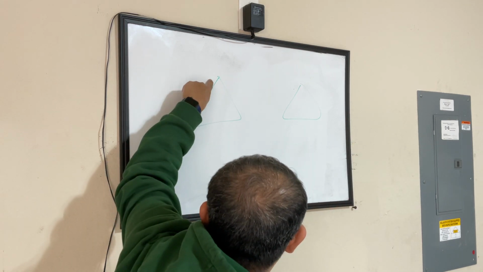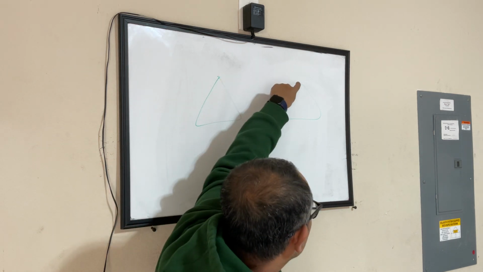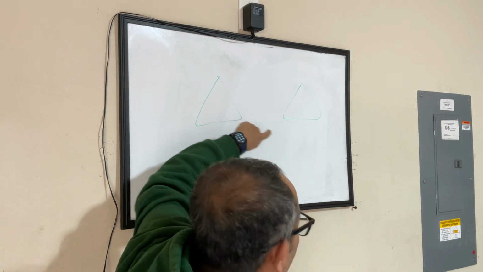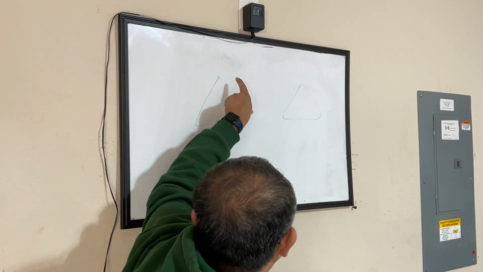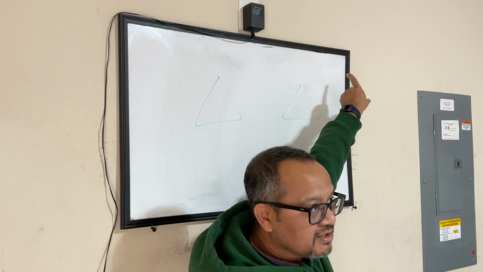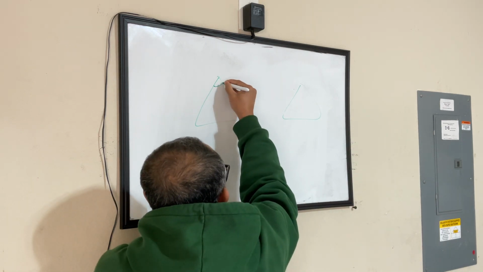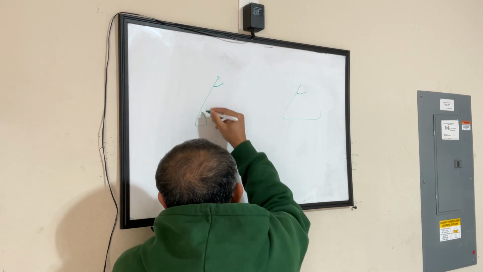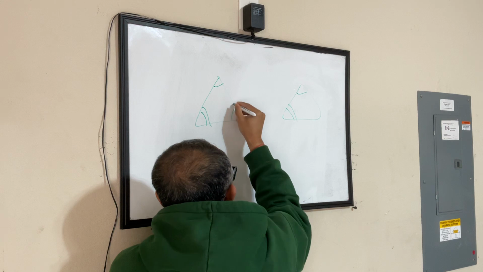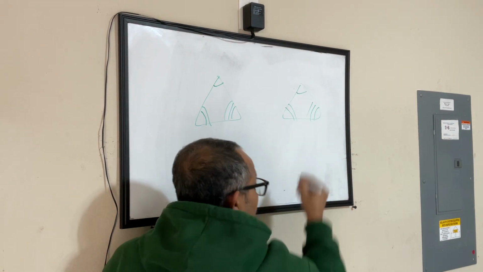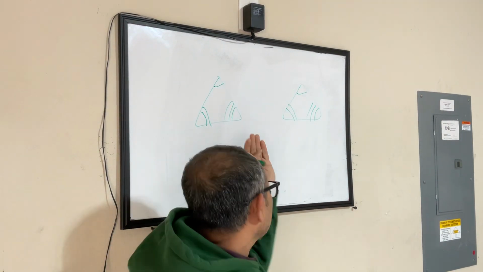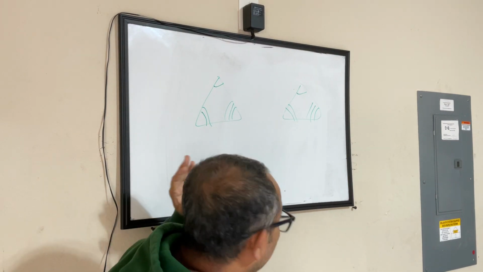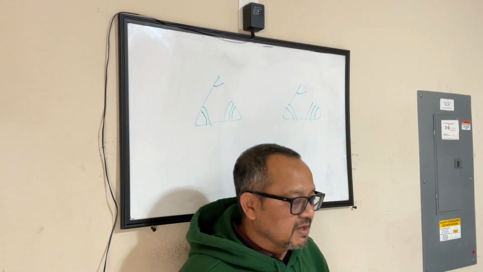If this is one side, there will be exactly one matching side on the other triangle. If this is the second side, there will be exactly one matching side, and the same for the third side. If this is one angle, the other triangle will have one matching angle, and the same for the second and the third. That would mean these are exact replicas of each other, meaning the area of the triangles will be the same, the perimeter would be the same, and every other property you can think of will be the same.